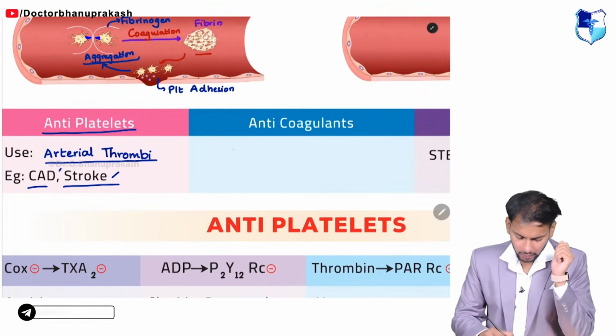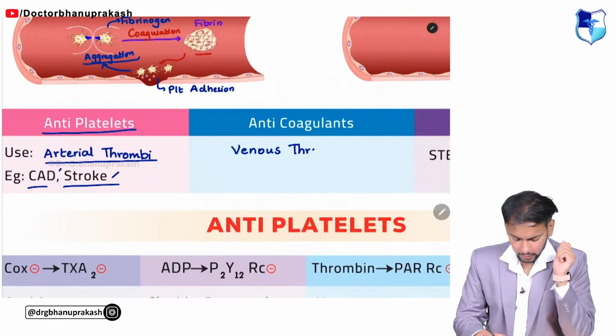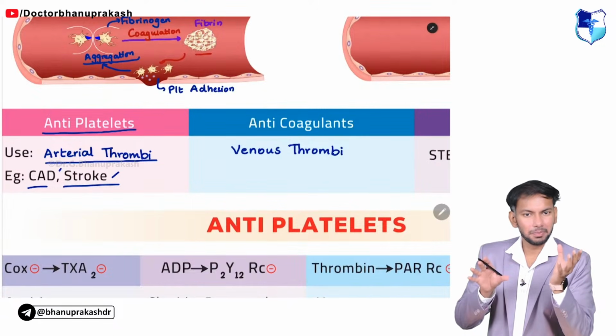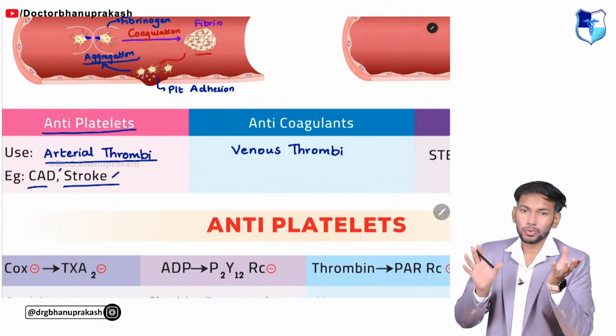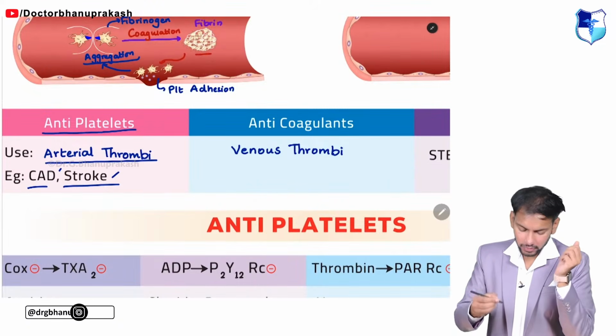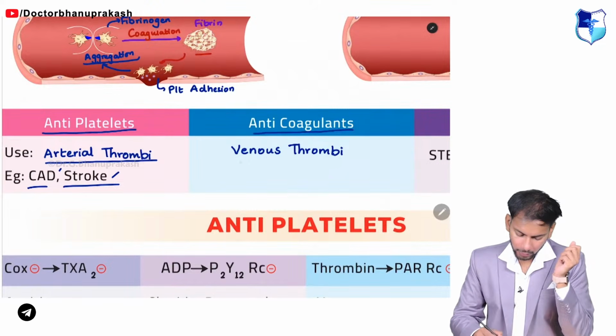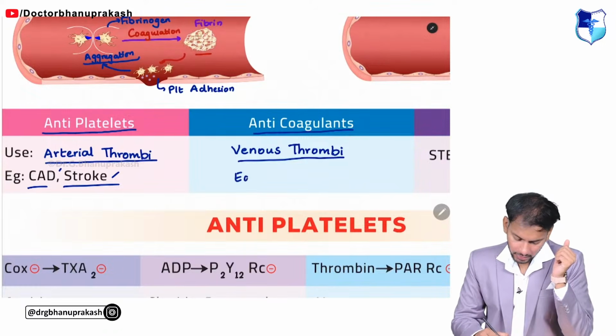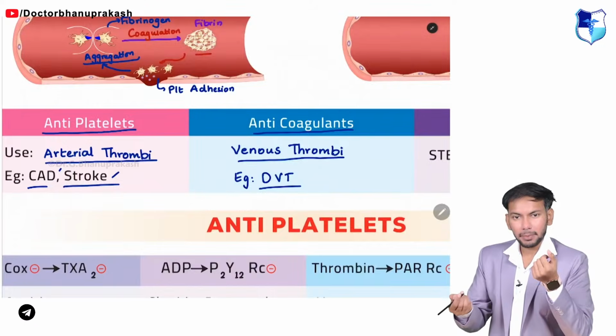Now, we have something known as venous thrombi. In the veins, the fibrin content is more in comparison with the platelets. So, you would want to use anticoagulants. That is the reason why we use anticoagulants in venous thrombi. The example is deep vein thrombosis, because it is happening in the veins.